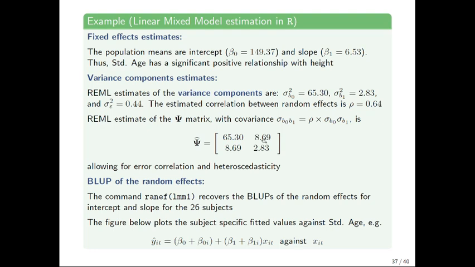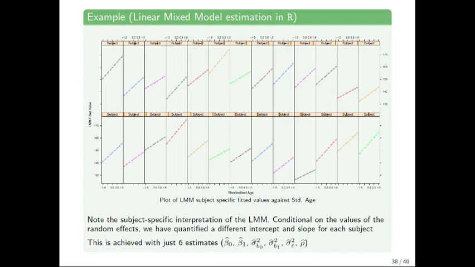Finally, the random effects can be calculated. The command ranef recovers the best linear unbiased predictions of the intercept and slope effects for each of the subjects. And the figure on this next slide plots the resulting subject-specific fitted values against standardized age.